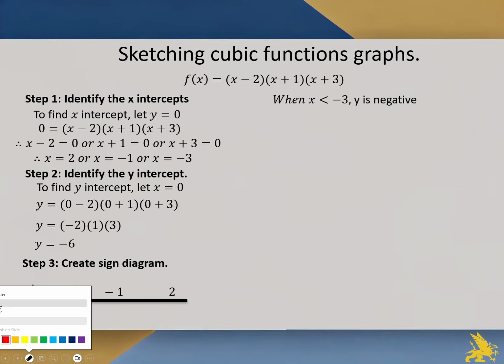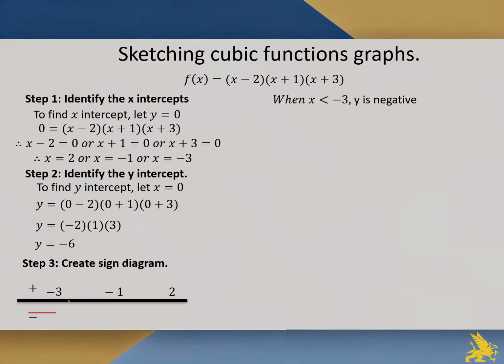Then we go to the next part. I pick a number between negative 3 and negative 1, so I'll pick negative 2. Negative 2 take away 2 is negative. Negative 2 plus 1 is negative, and negative 2 plus 3 is positive.